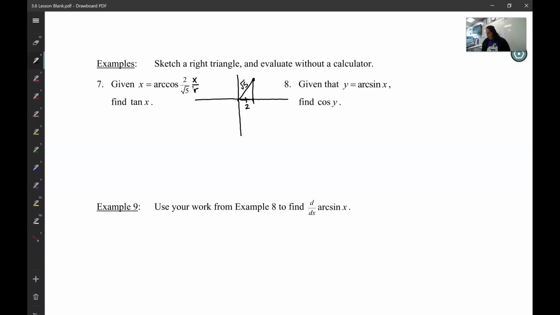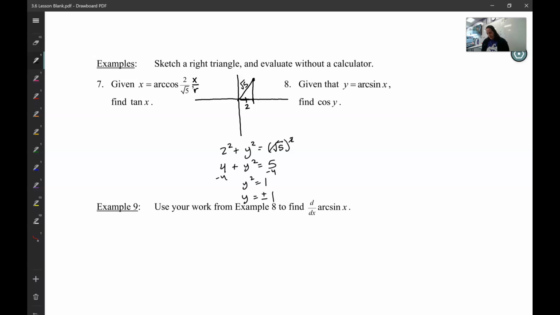Now, I know that I can use the Pythagorean theorem to find that last side. So 2 squared plus my y value squared is square root of 5 squared. So 4 plus y squared equals 5. Minus 4. So y squared equals 1. So y equals plus or minus 1.